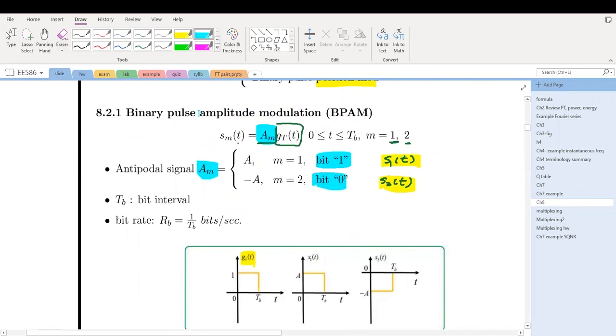Therefore the name amplitude modulation. But because it's a pulse modulation, that's pulse amplitude modulation. Also because we only have 0 and 1, that's binary. So this is binary pulse amplitude modulation, that's BPAM.